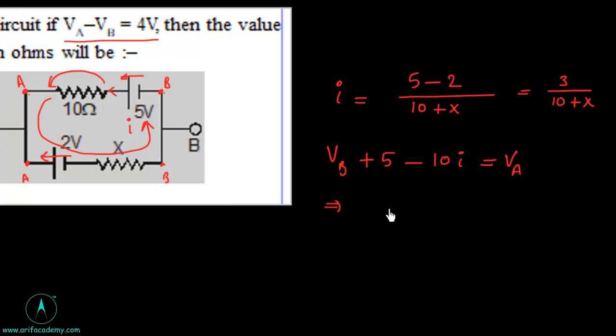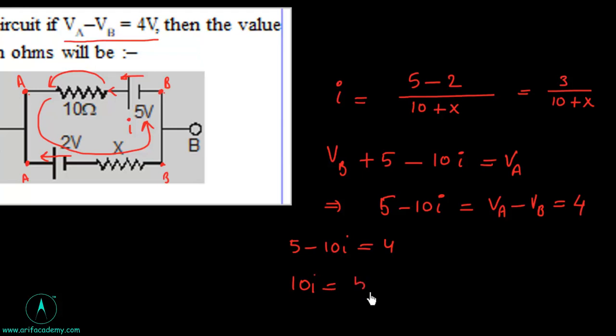So this can be written as 5 minus 10I equal to VA minus VB, and that is given as 4 volt. So 5 minus 10I equal to 4. So 10I equal to 5 minus 4, 1.